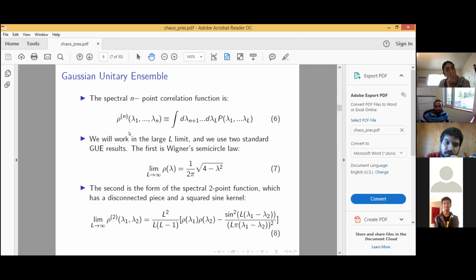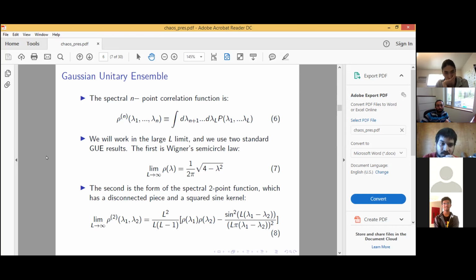Now we define this quantity rho n, which we call the spectral n-point correlation function. So rho n of lambda 1 to lambda n is defined like this. So the joint probability is integrated over the other L minus n eigenvalues. In physical systems, we'll usually be working in the large L limit.